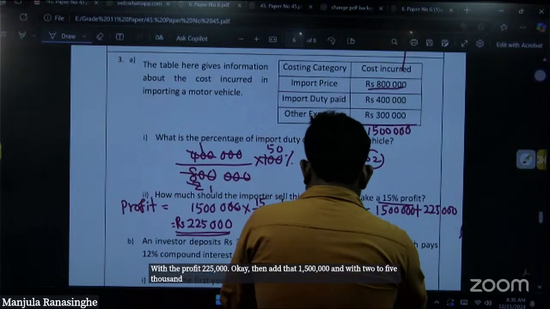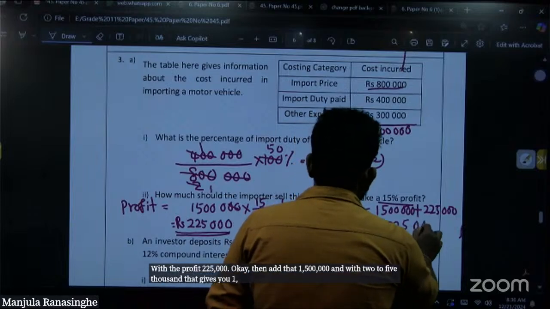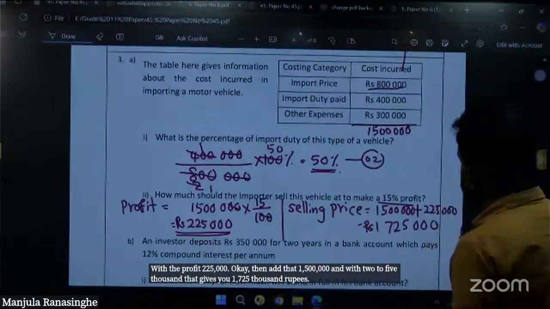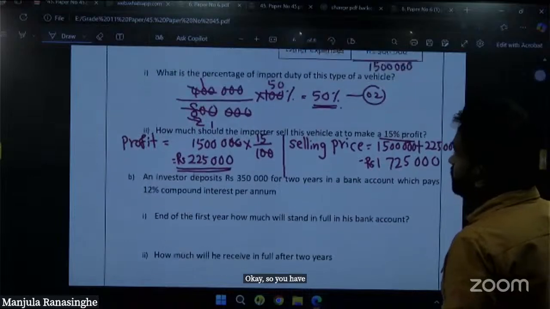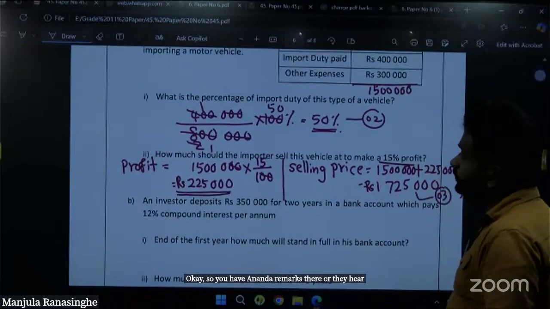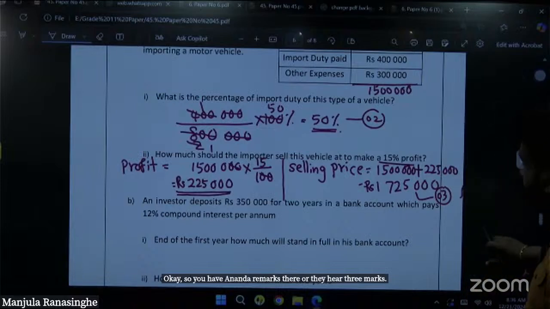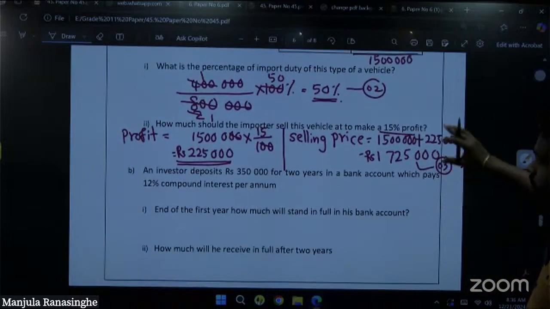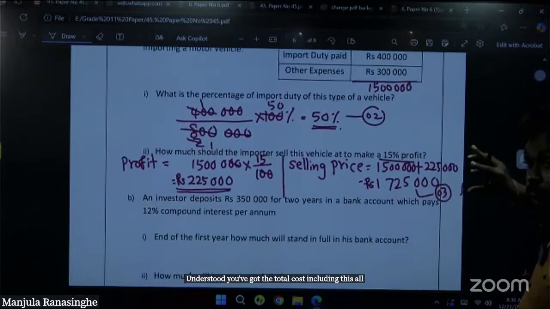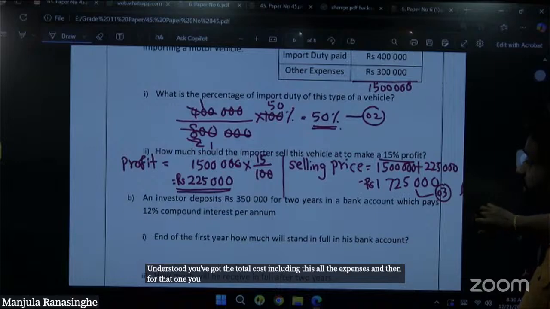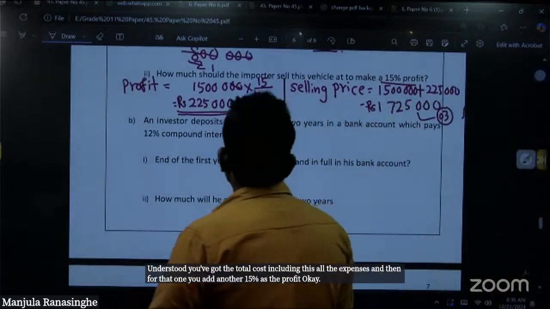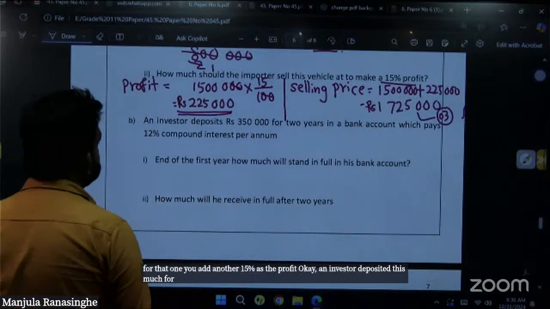That gives you 1,725,000 rupees. Okay, so you have another 3 marks there. Understood? You got the total cost including all the expenses, and then for that you add another 15% as the profit.